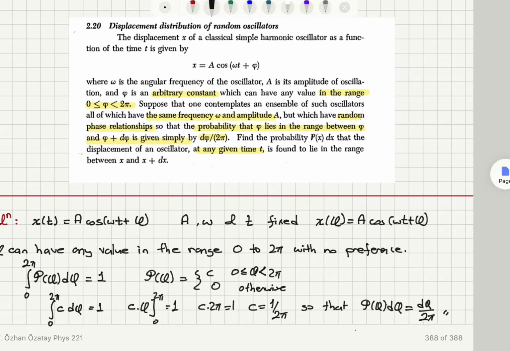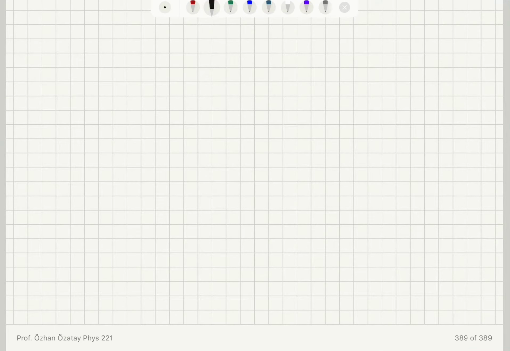In order to do that, I have to know the relationship between phi and x. So let's think about how many phi values correspond to the same x value.